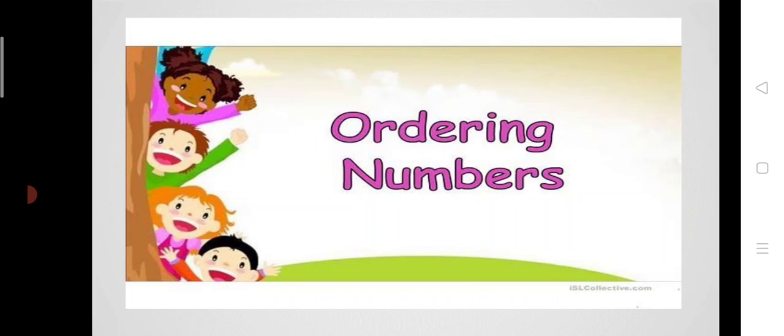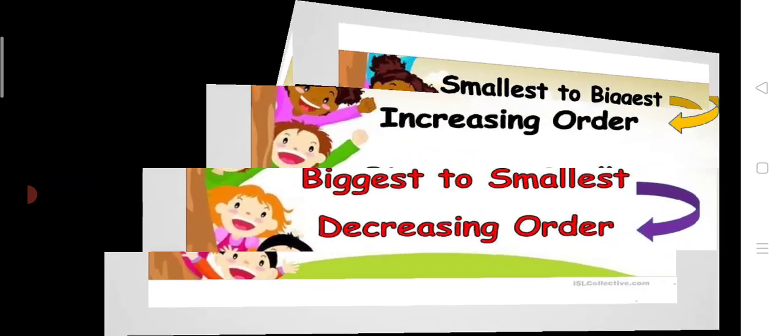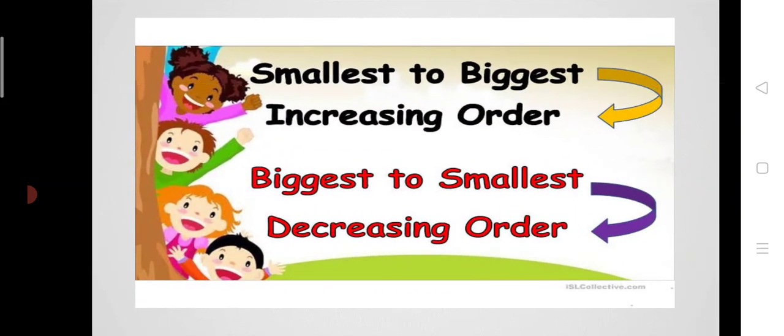Next is ordering numbers. Ordering numbers means arranging the numbers from the smallest to biggest or biggest to smallest. When we arrange the numbers from smallest to biggest, it is called increasing order. When we arrange the numbers from biggest to smallest, it is called decreasing order.